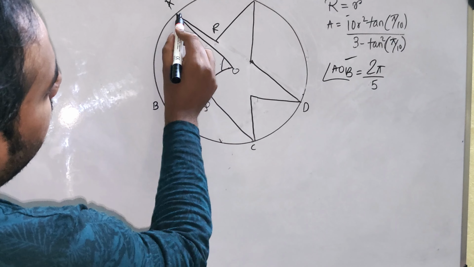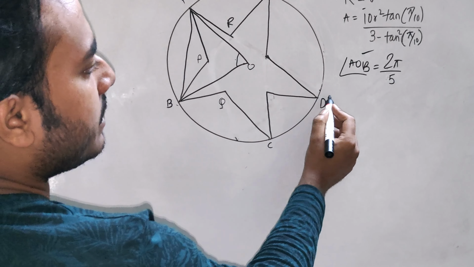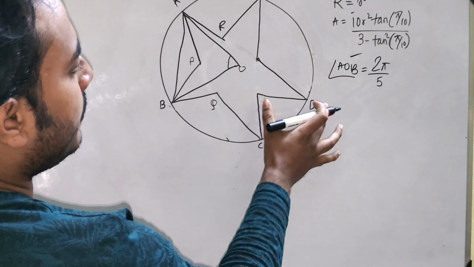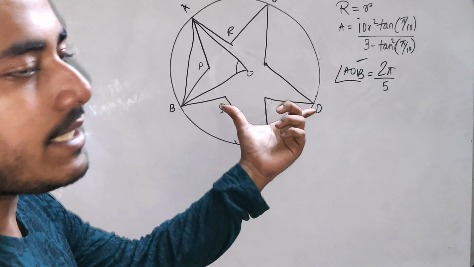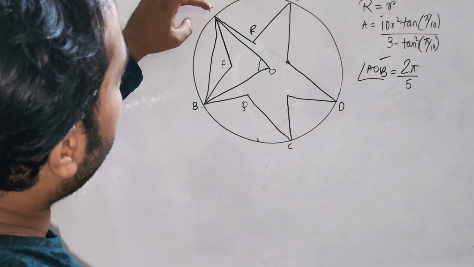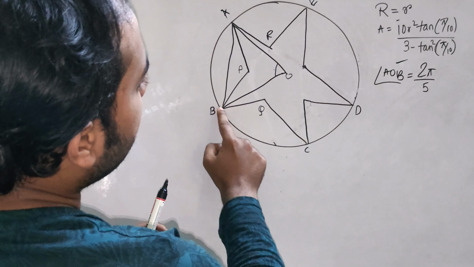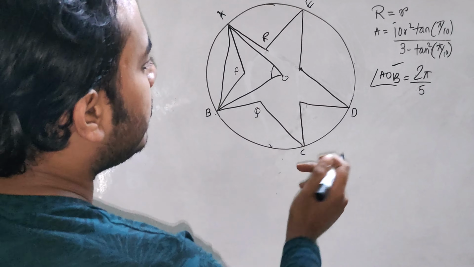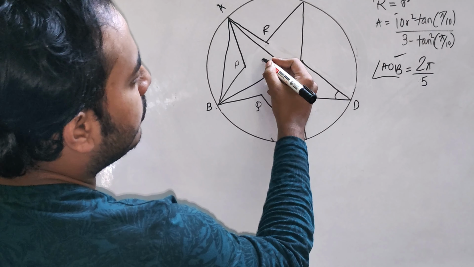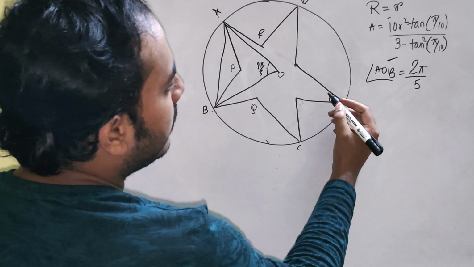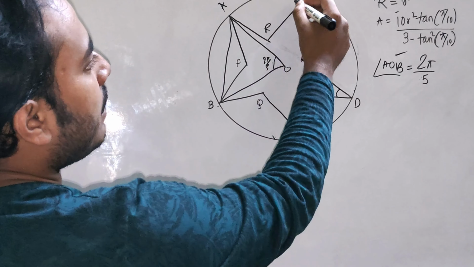Now, if you carefully see, AD and BD are basically the same lines that originate from A and B. Angle AOB is the angle at the center, while angle ADB is the angle at the circumference, which means the angle at the circumference should be half of the angle at the center. So if the angle at the center is 2 pi by 5, this angle should be pi by 5. Similarly, each of these angles should be pi by 5 by symmetry.